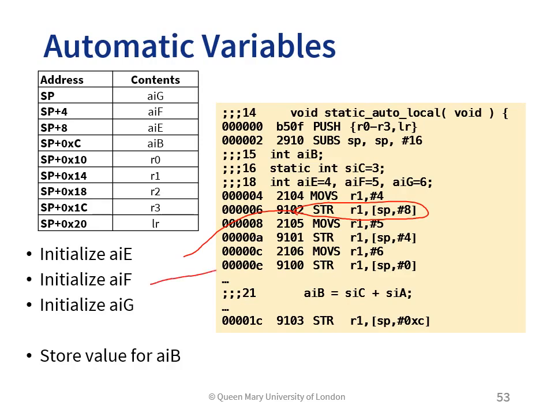Similarly, in the next 2 instructions, we are initializing F and also G in a similar manner. What you need to know is we have to make sure the offset corresponds to the addresses we see in the table.